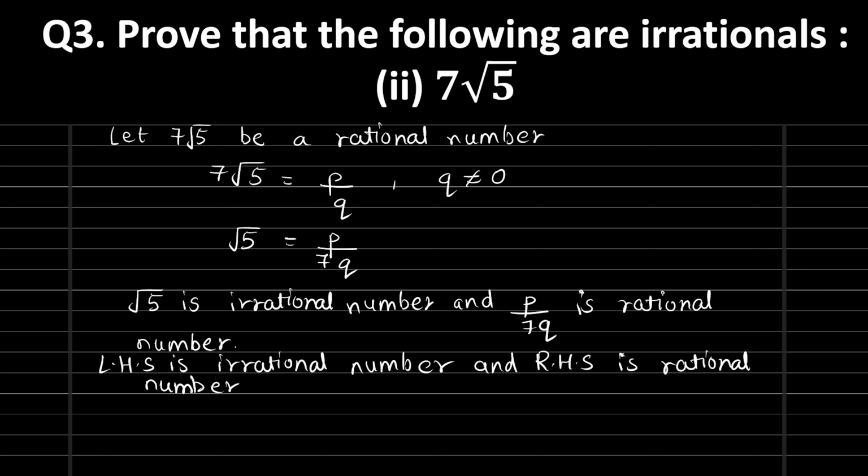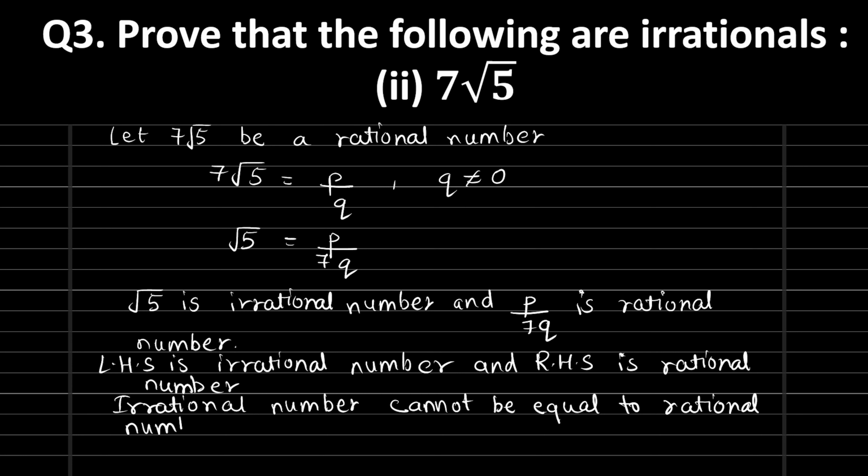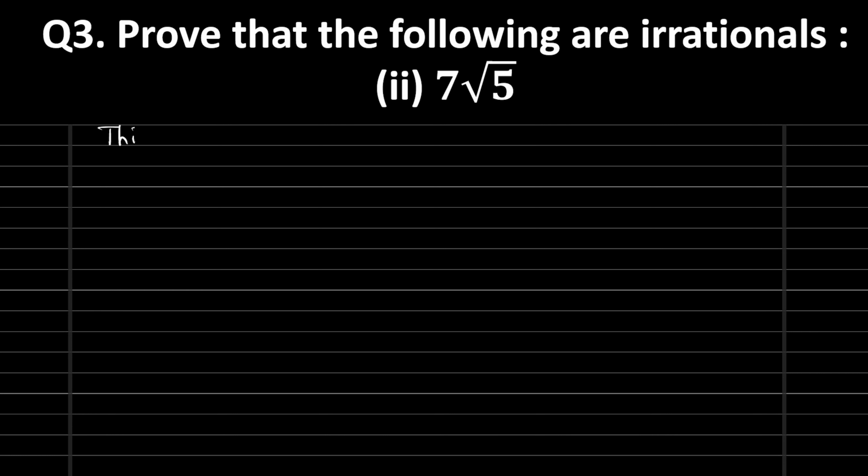So an irrational number cannot be equal to a rational number. There is a contradiction here. Left hand side is something and right hand side is something else, and this contradiction has arisen due to our wrong assumption.